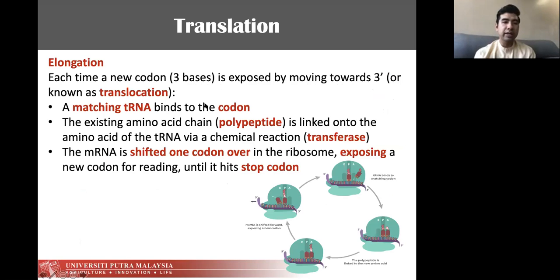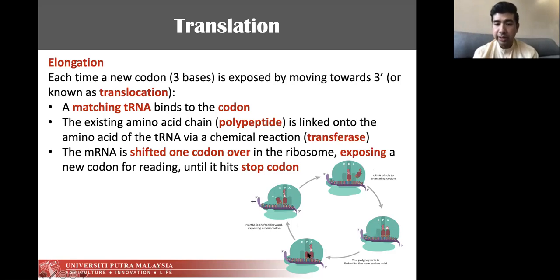So a matching tRNA binds to the codon, so it has to have an anticodon. The existing amino acid chain, the polypeptide, is linked onto the amino acid of the tRNA via a chemical reaction by transferase. So from your P site, a new one comes in, it recognizes, and the amino acid is transferred to your A site. The A site is the growing chain.